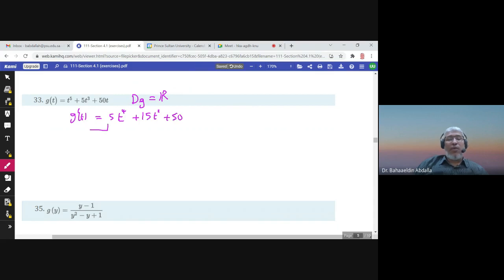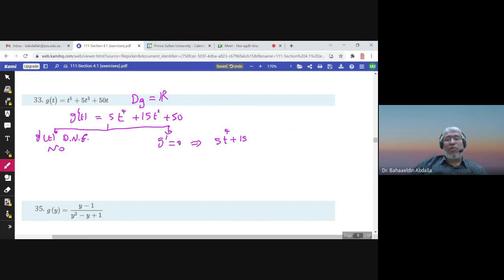And now, can g prime not exist? Never, because it's always defined. We don't have a denominator. But it could be equal to 0. So let us find the zeros of g prime.